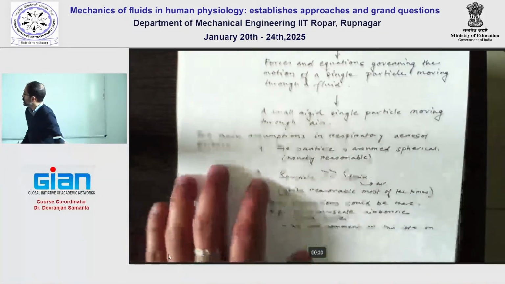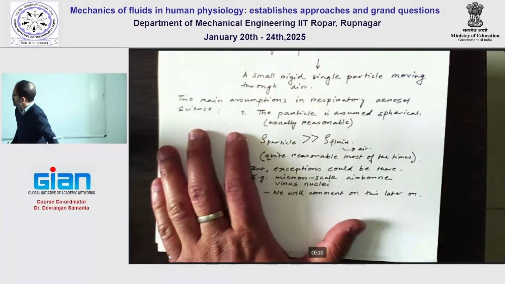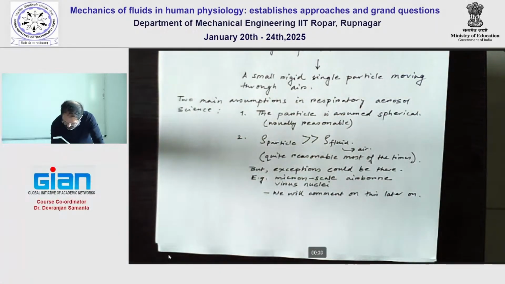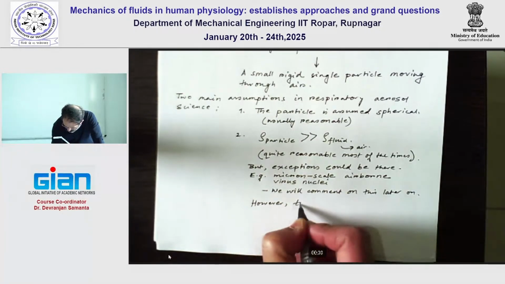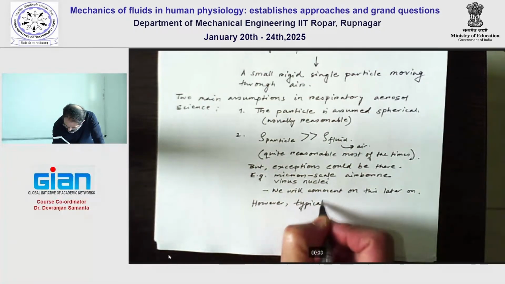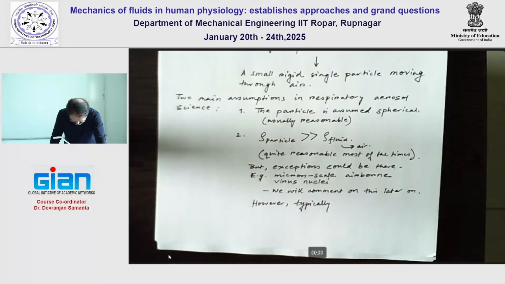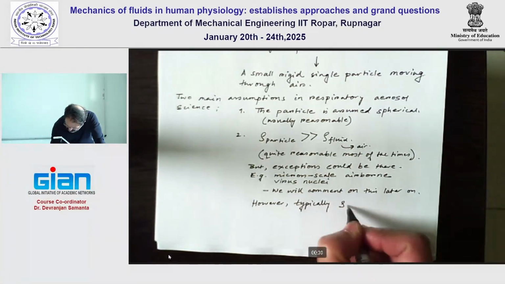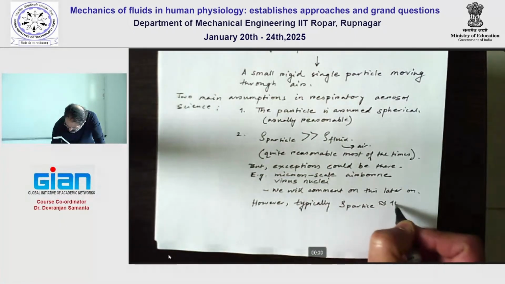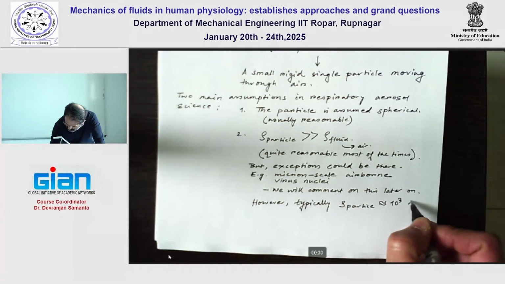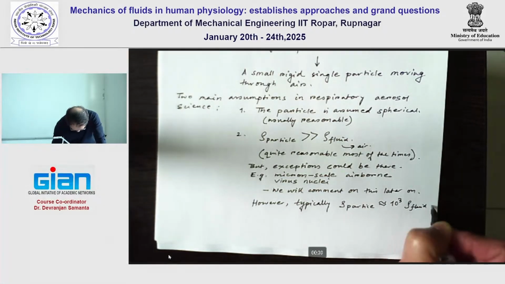However, for our purposes, for now, we are going to assume that typically, if you track the order of magnitude difference, rho particle is 10 to the power of 3 of the rho fluid.